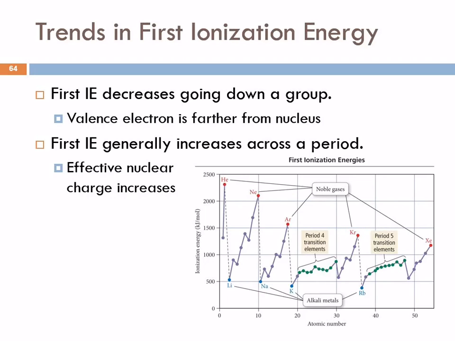The atom gets smaller, right? Because the effective nuclear charge is increasing. This mom is more aware, she's stronger because she's got more protons. And so she's keeping track, and her children are closer. The electrons are closer, they're harder to take away.